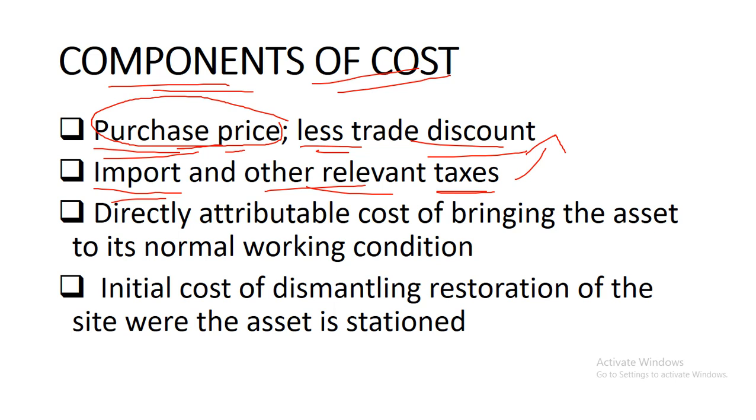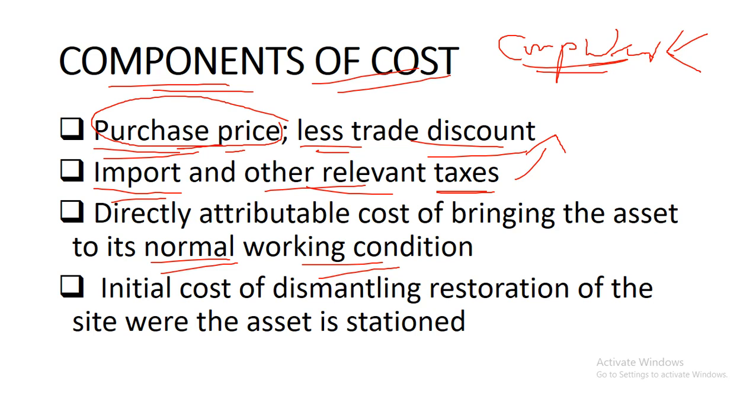Then directly attributed costs of bringing the asset to its normal working condition. The typical example I give here is maybe you buy a computer, but it has a system fault. It has to be worked on. Maybe you have to change the operating system of the computer.